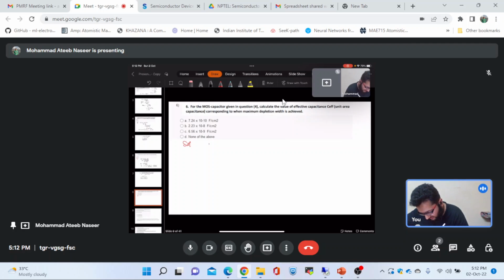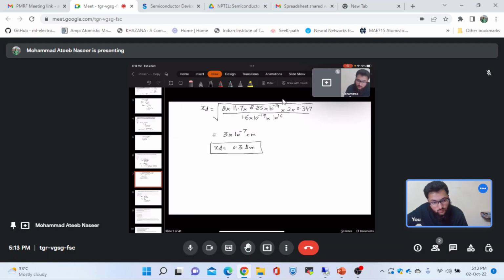So this effective capacitance will simply be equal to C ox into C depletion divided by C ox plus C depletion. So this C depletion needs to be calculated. C depletion is simply equal to epsilon s by xd, and epsilon s is 11.7 into 8.85 into 10 raised to the power minus 14, and this xd is the maximum depletion width that we found out to be 0.3 micrometer.